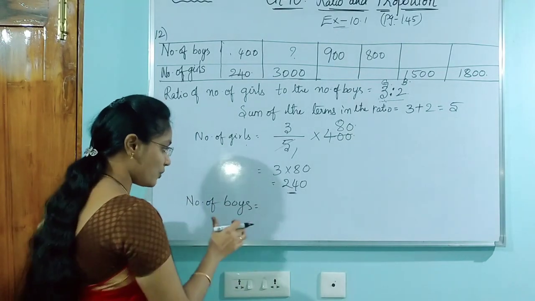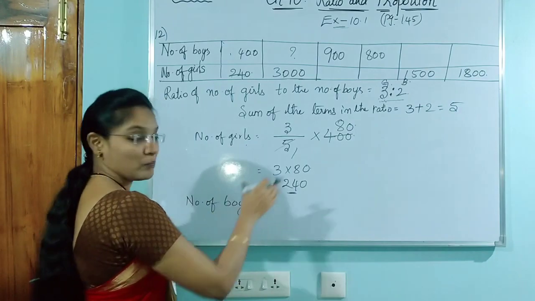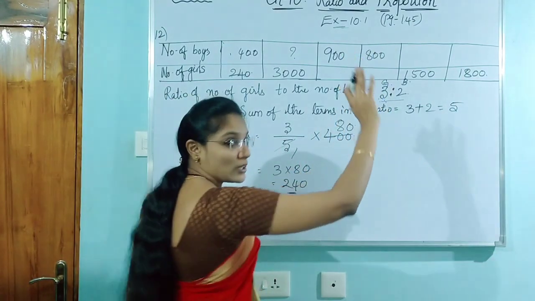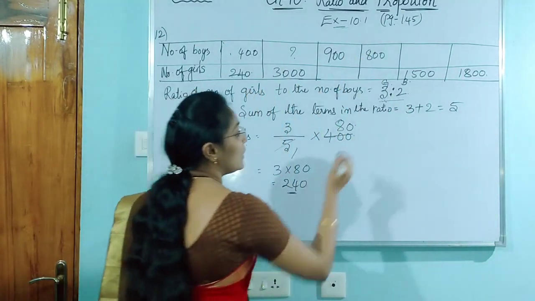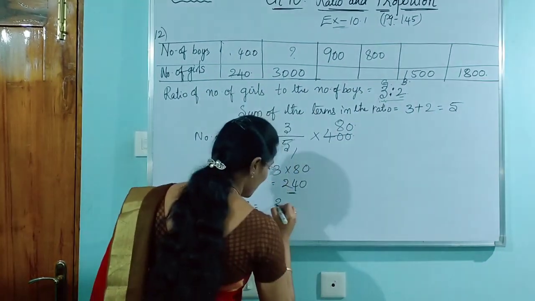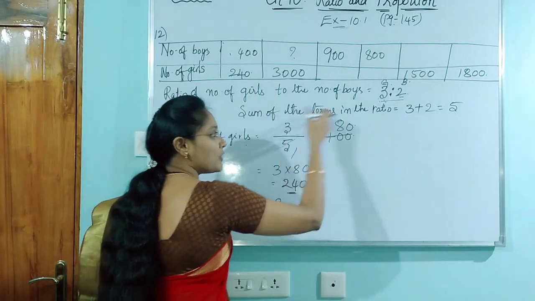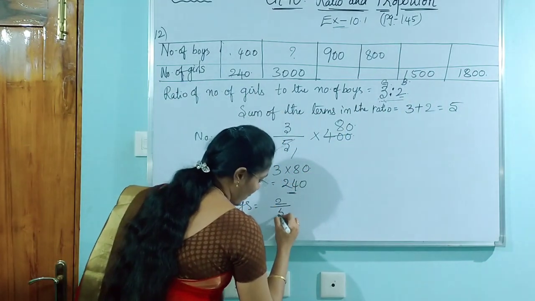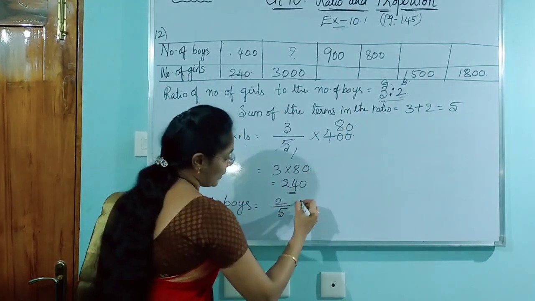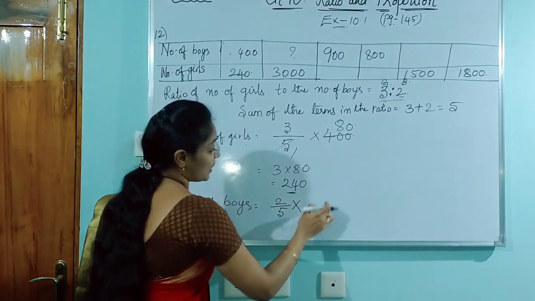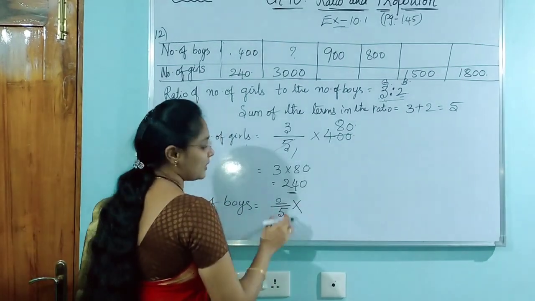What I said, which one are you going to find out? The term in the ratio is your numerator. Here boys, 2, is my numerator. The denominator is always the sum of the terms in the ratio, 5, into the data you have to multiply the fraction.